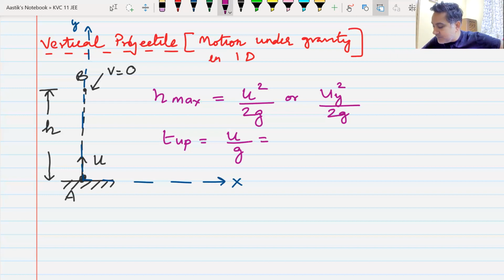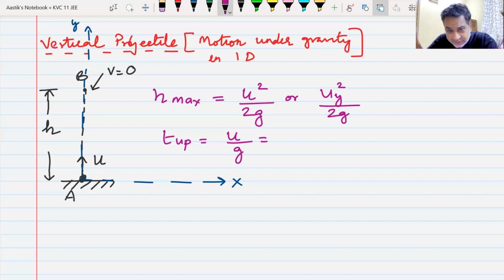What is the time taken to come down? V by G? Where is V? There is no V. In this universe, there is only u. That is the only velocity that is known to me. There is no V, my dear friends.